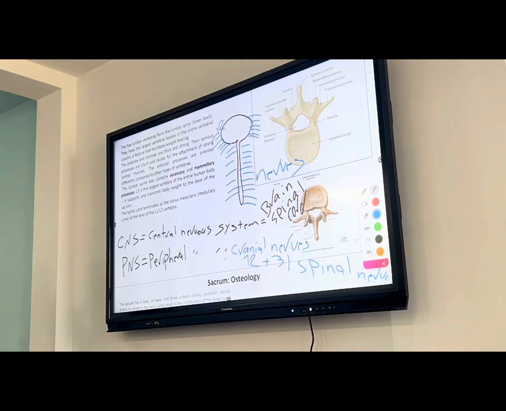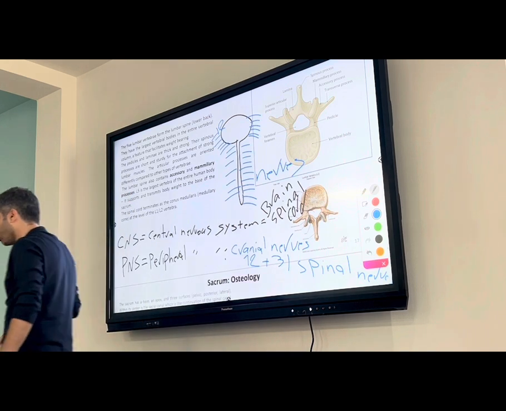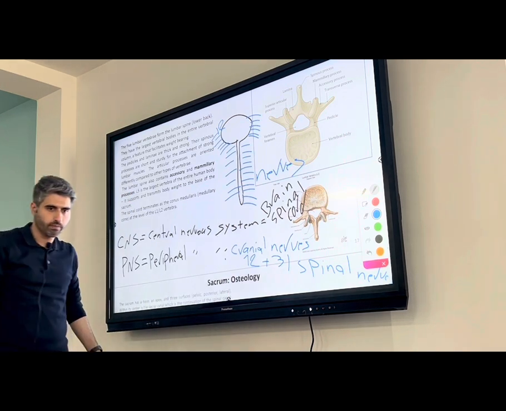So how do nerves go out from here? How do nerves from the spinal cord, from the vertebral column, go out and go to the different parts? With some foramen. Which foramen? Let me show you the location of the foramens.